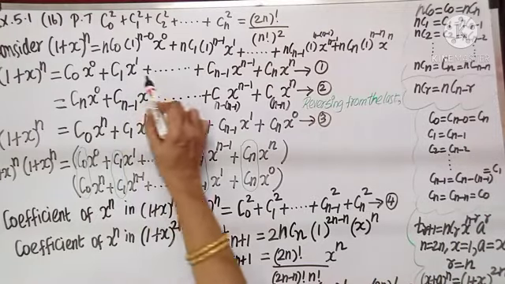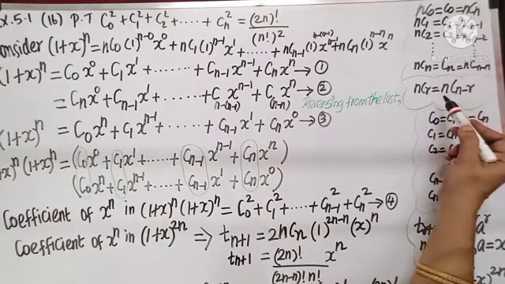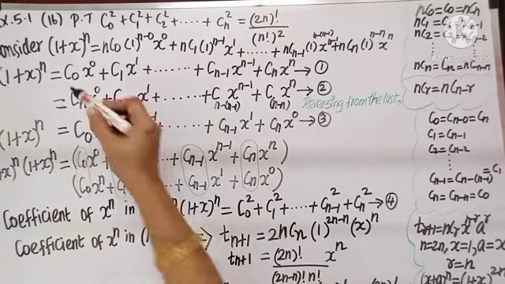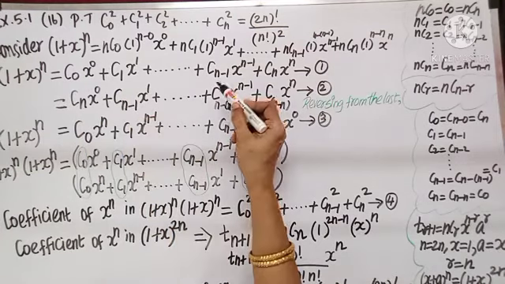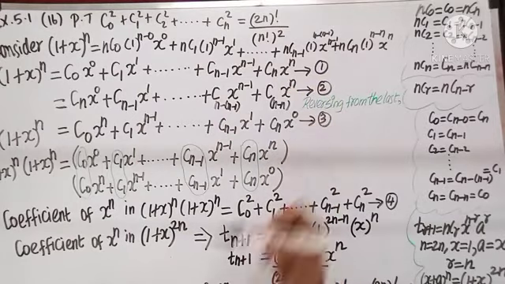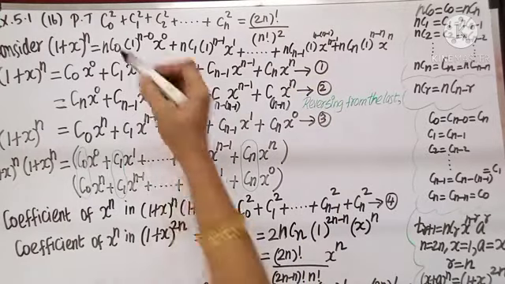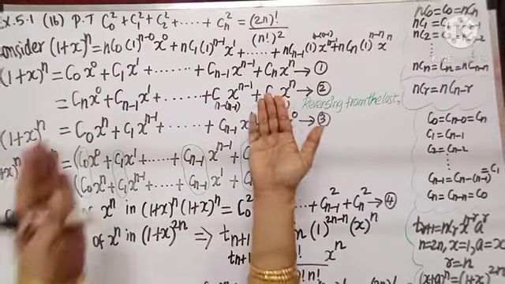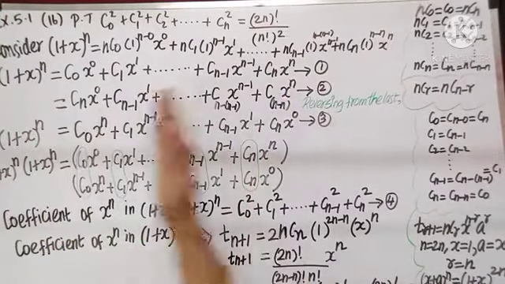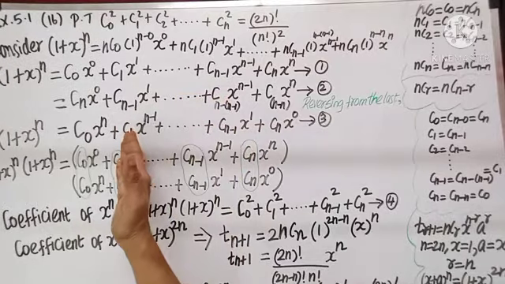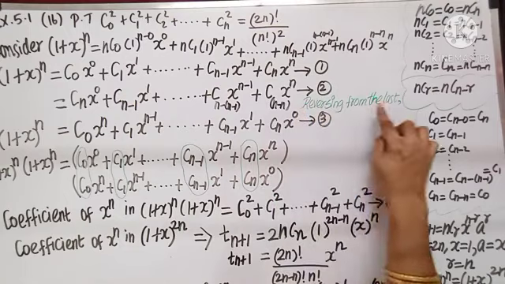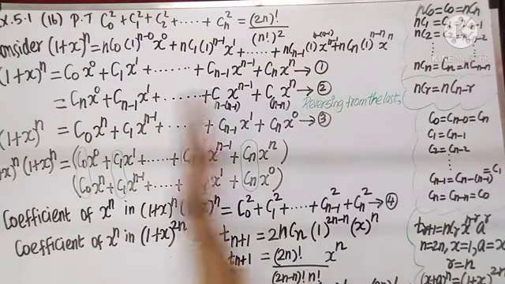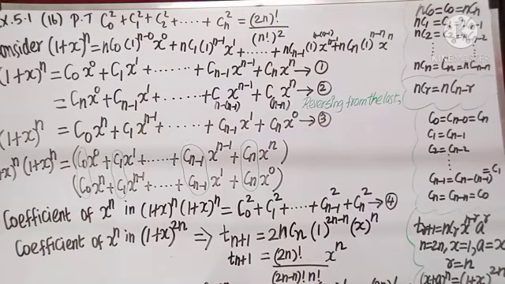So by using the combination property, we replace C0 as Cn, C1 as C(n minus 1), and so on, Cn as C0. To get C0 square, let me reverse the terms: the last term goes first, and the first goes as the last. From back to front we have reversed. Call this number 3.